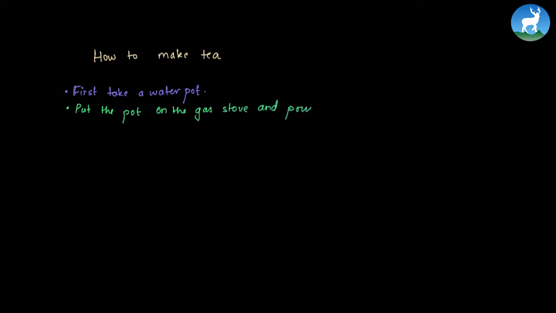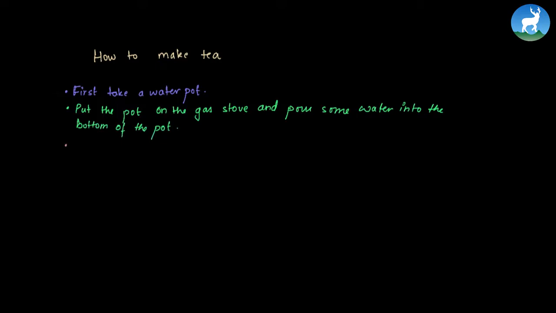Now we will go through another example, one last example. So let's try writing instructions about how to make tea. So let us begin. First, take a water pot, put the pot on the gas stove and pour some water into the bottom of the pot.